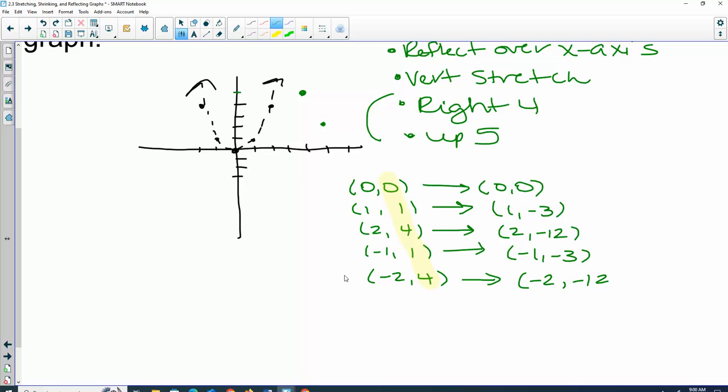Okay, 2, 4, the 2, negative 12, that's going to be pretty small. I'm going to go do this one. Negative 1, 1 goes to negative 1, negative 3. Right 4. Up 5.